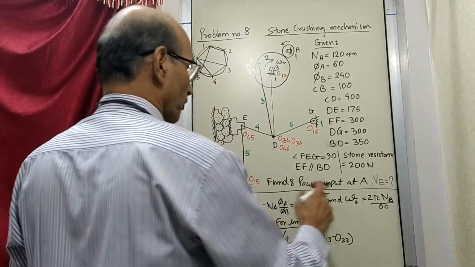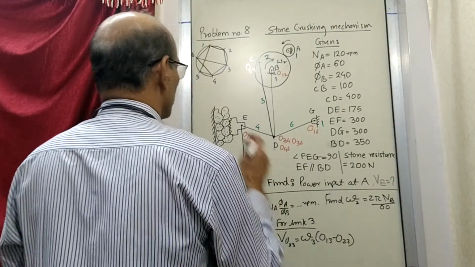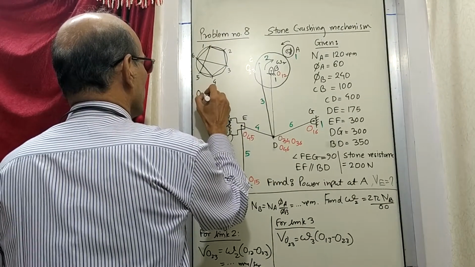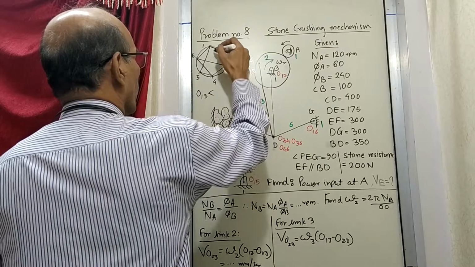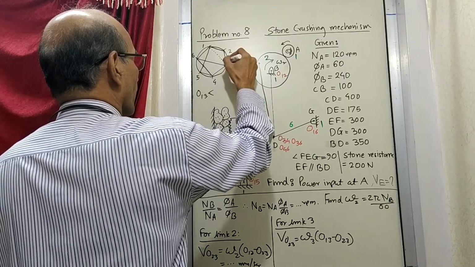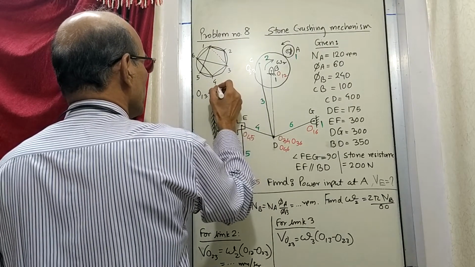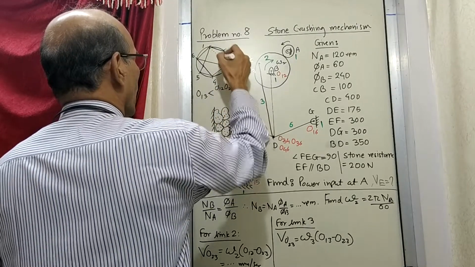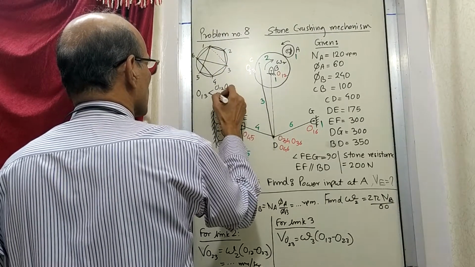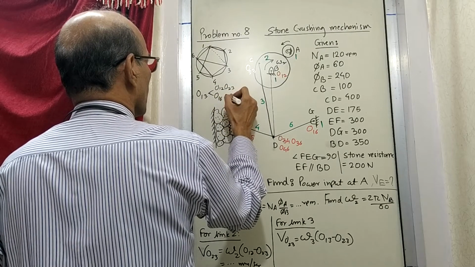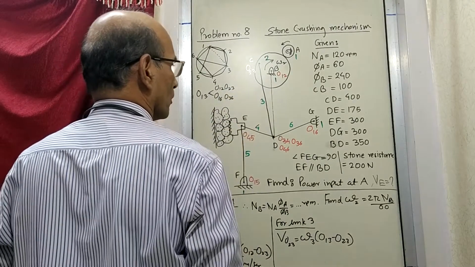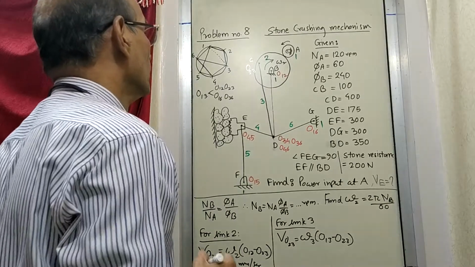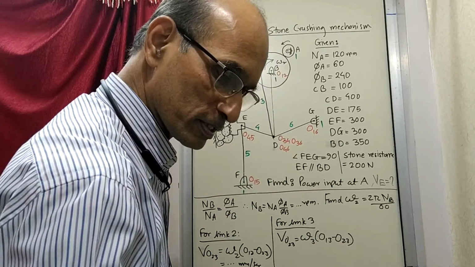Now let's try to find out where is O13. So for O13 we say O13 is first of all here. So O13 is 1, 2, 2, 3, and then 1, 6, 3, 6. So we join these points.